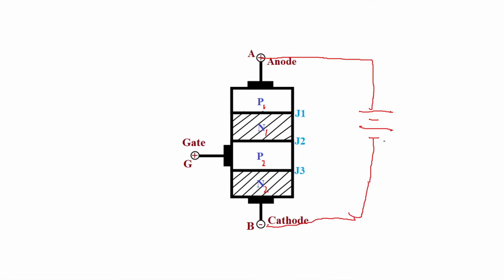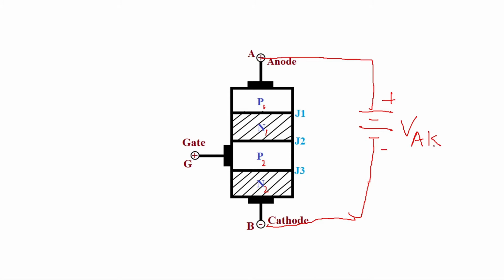Here this is negative, and here this is positive. So this is your voltage between anode and cathode. If you apply this kind of biasing, then it is called forward biasing of SCR.